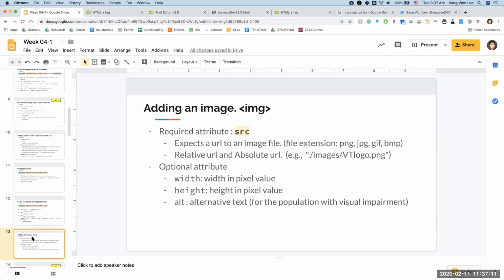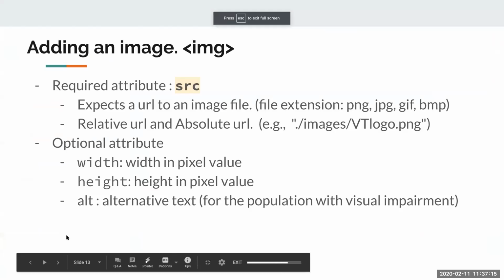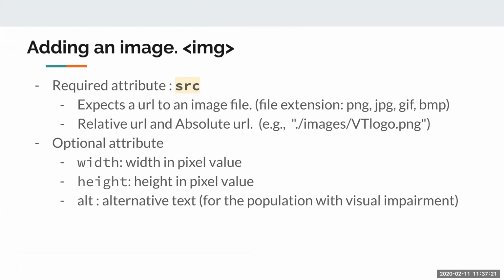But let's look at the image tag in a little more detail. The image tag is going to be really useful for you because you want to have a lot of images in your website. Otherwise it's going to be just text. The image tag has one required attribute, which is called source.